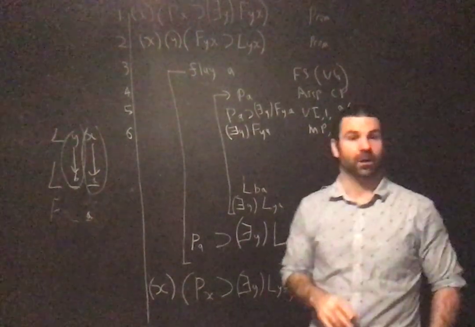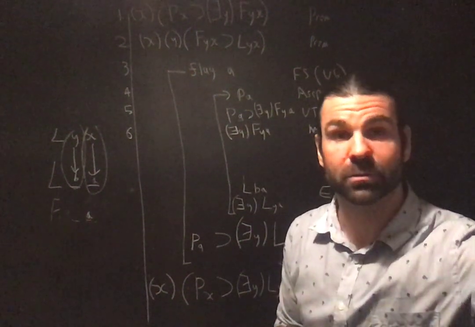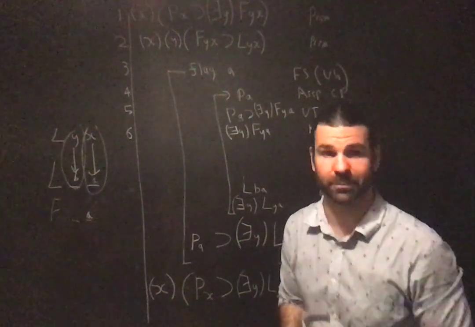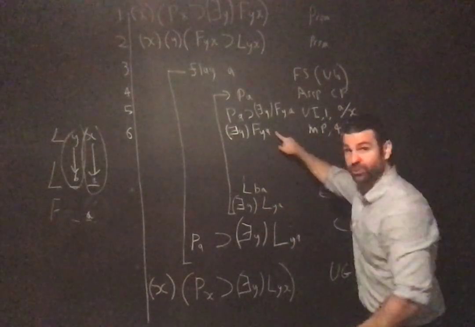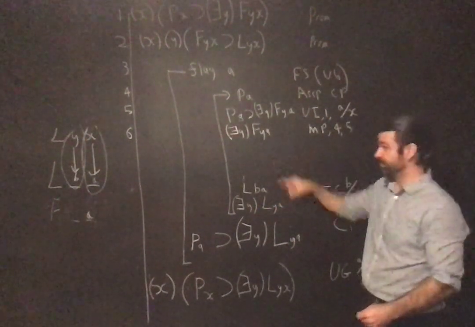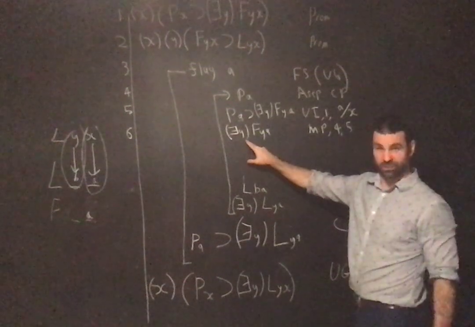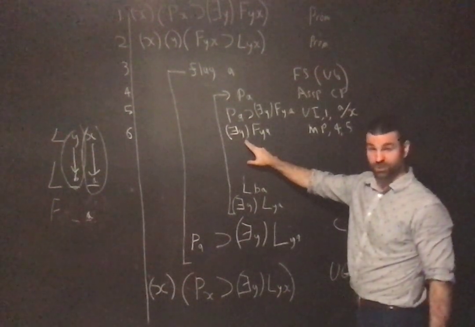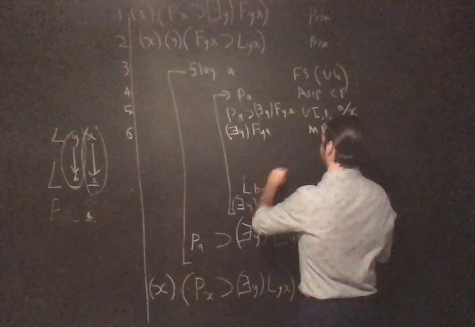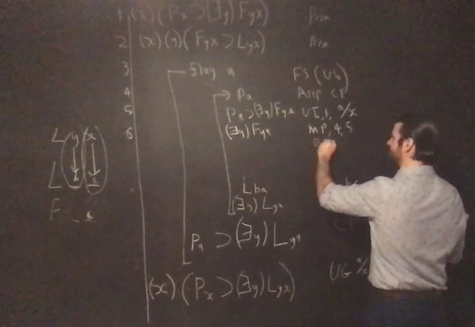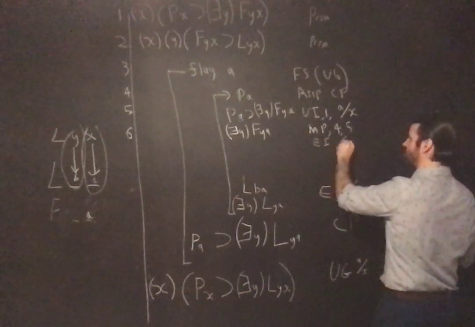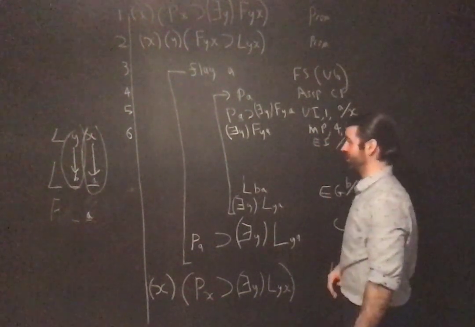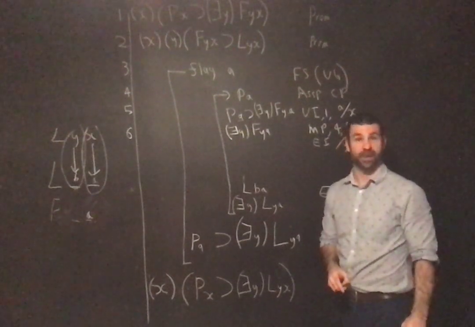Now, see how I could have got that same sufficient information to get me home just using the rules going forward from here, right? This is an existential statement, so I can existentially instantiate, I can do EI on this, replacing Y with something. Can I replace it with A?